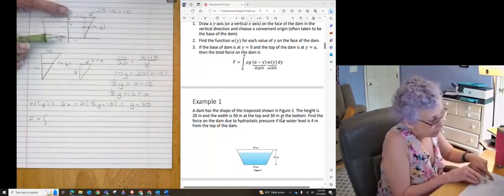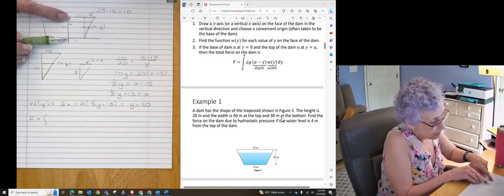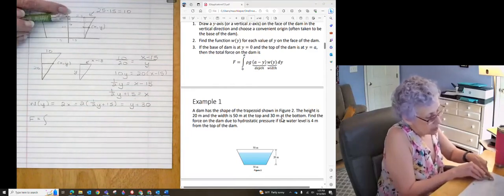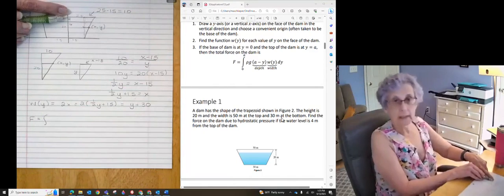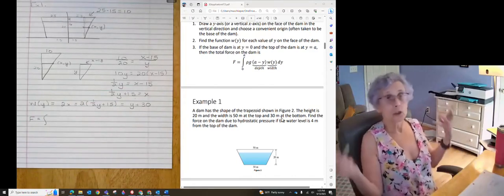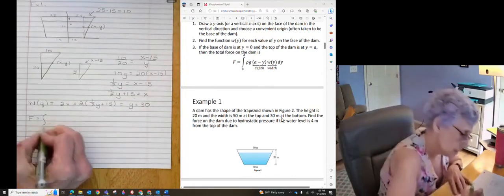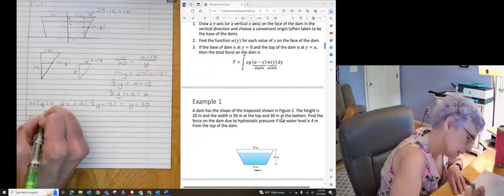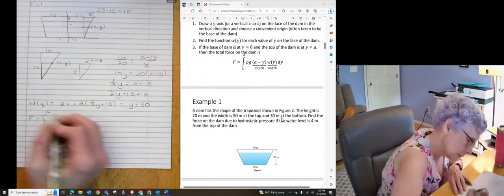Now let's talk about our limits of integration and our depth. We integrate from the bottom of the water to the top of the plate that is underwater, because there's only pressure where there's water. We're trying to figure out the pressure. So 0 to 16.